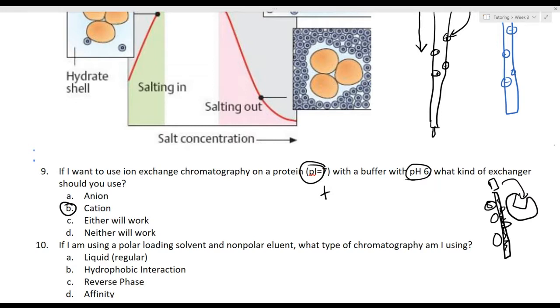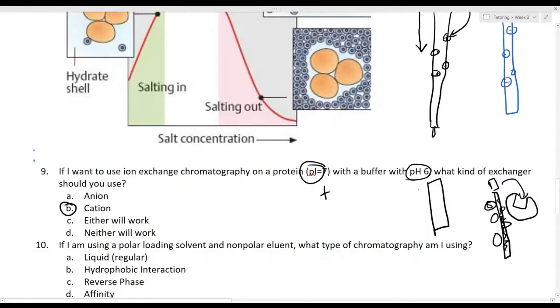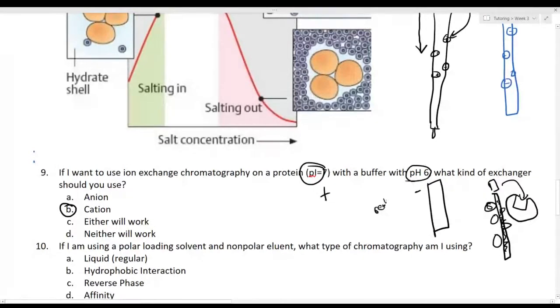That does not sound like what we're doing, so affinity chromatography is not right, okay? Hydrophobic interaction is, I don't want to say similar to affinity, but it basically creates this gradient where, let me draw this. So in the column, you create a gradient where this is really hydrophobic at the top, and then this is not very hydrophobic, so it's more polar.